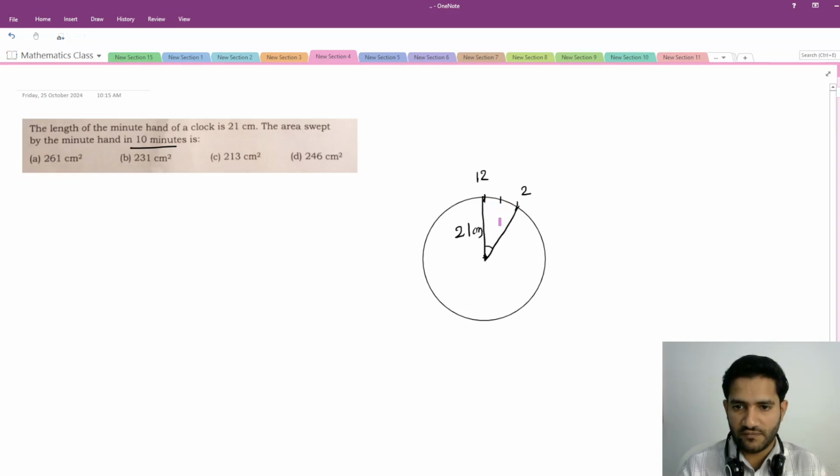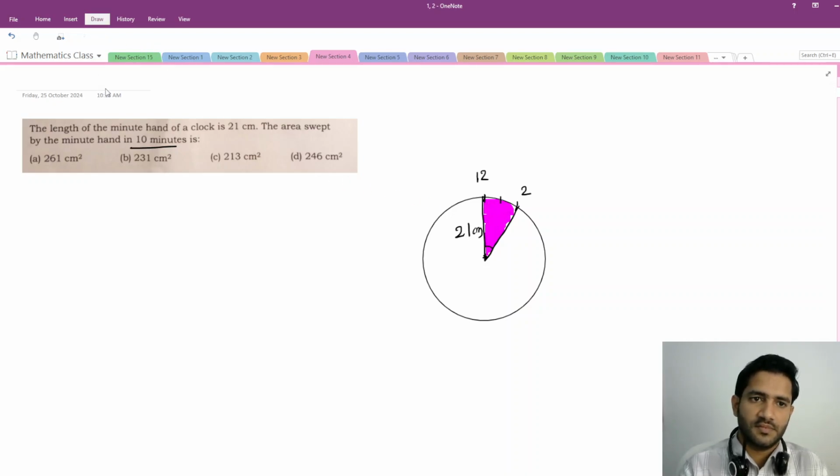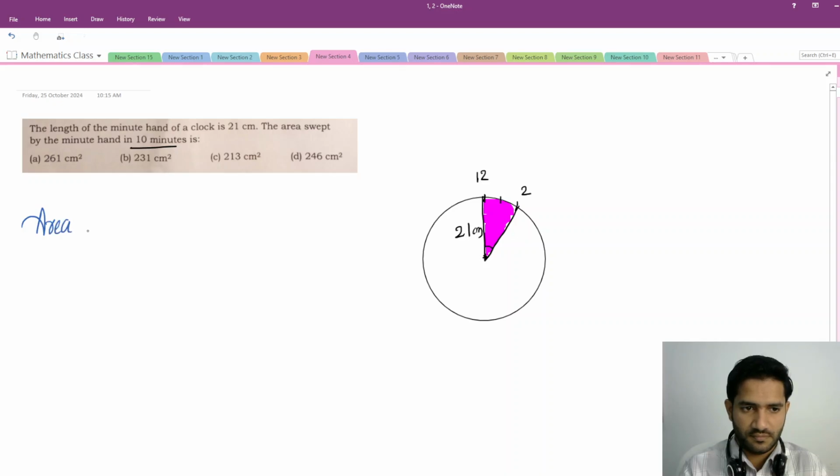Area is related to circles, and we have the equation for finding the area of the sector. Area of the sector equals theta by 360 pi r square.